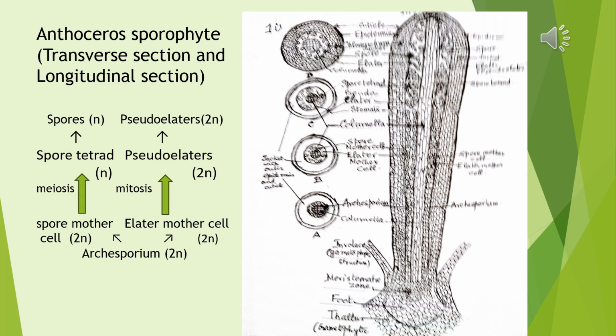The meristematic zone is followed upwards in the longitudinal section by three tissue types. One, the outermost, the jacket, cutinized epidermis, interrupted by stomata. This epidermis has vertical cells, beneath which are the parenchymatous cells of the jacket with chloroplast.